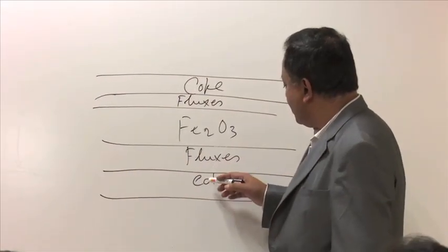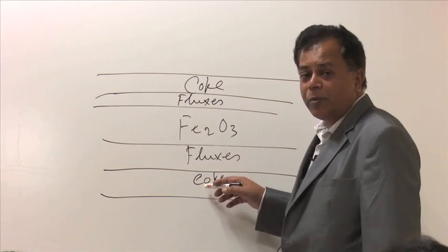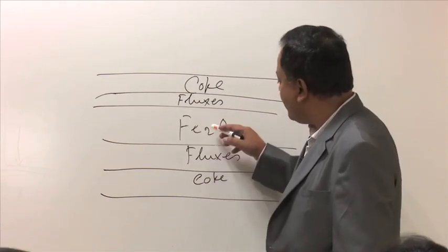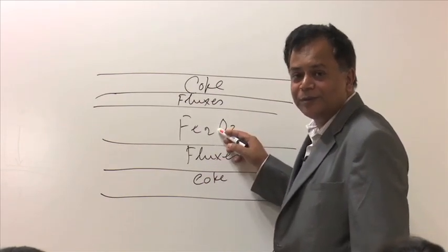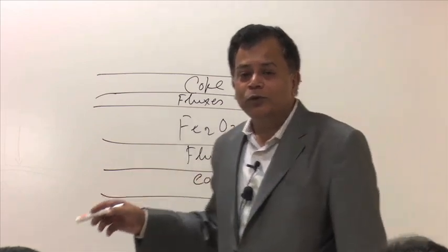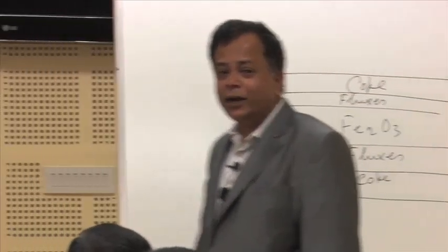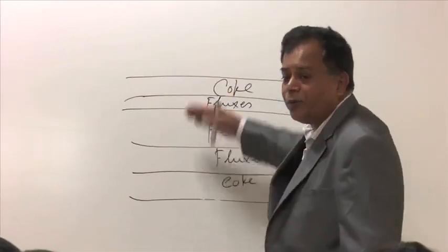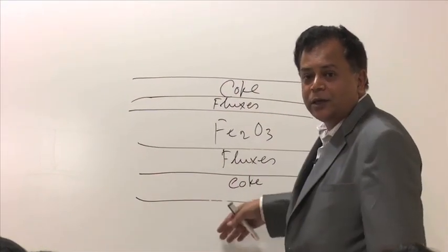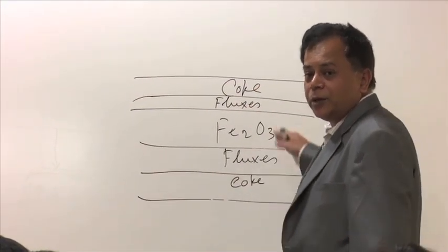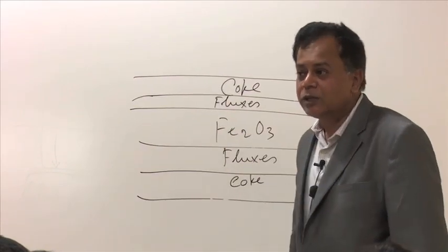The carbon you have converted will not have access to this oxygen. So, it cannot be used as a reductant unless you have a proper flow of gases through the bed. So, I need to maintain the bed permeability to a certain level.